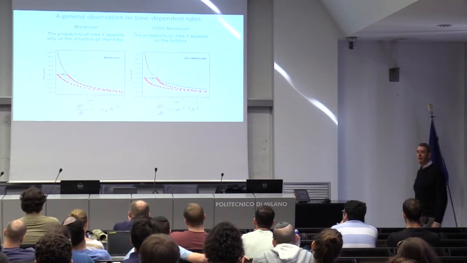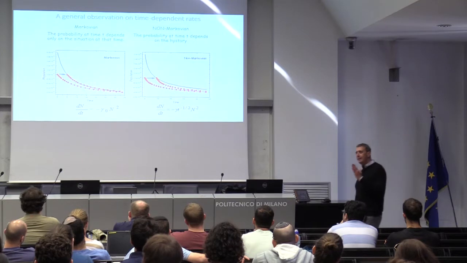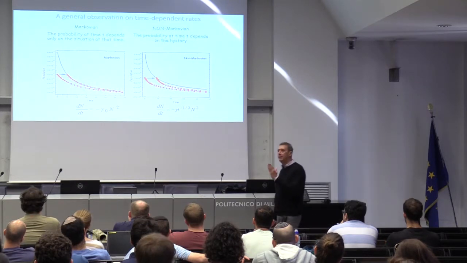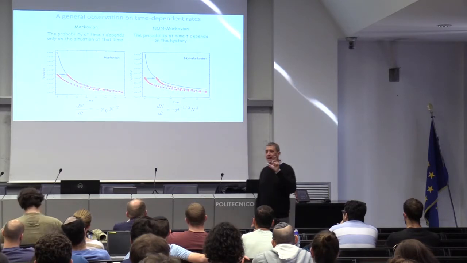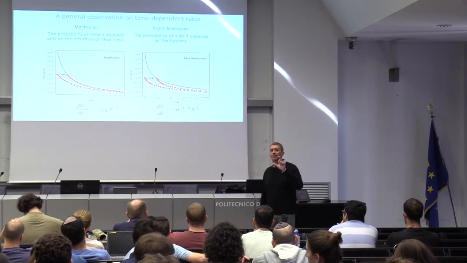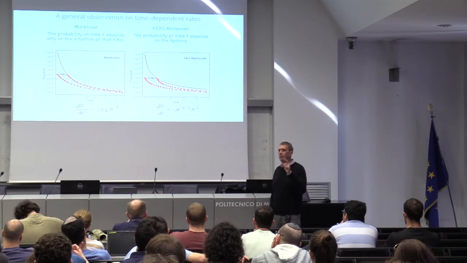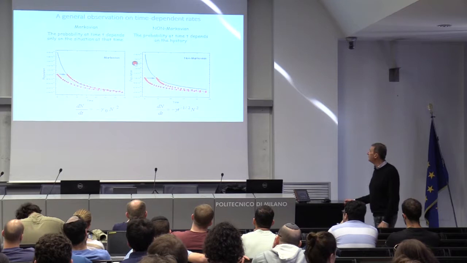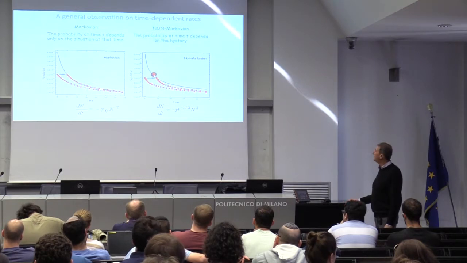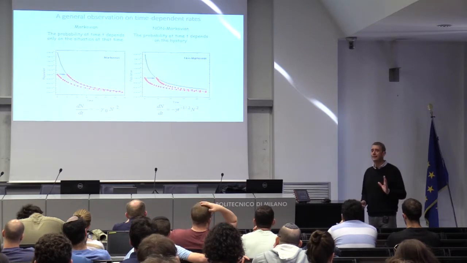If you have a non-Markovian process, the decay at a certain time depends on the history, because the non-Markovian process has a dependence on the distance in time from the origin. So what I showed you before was a non-Markovian behavior. That means that the same excitation density in this situation and in this situation gives me a different decay time.